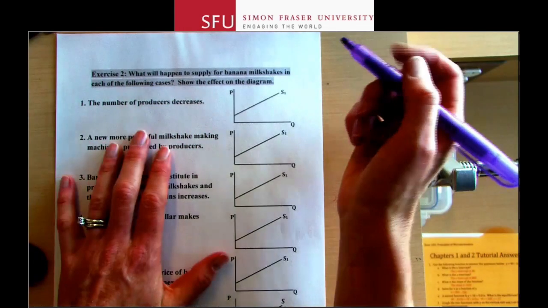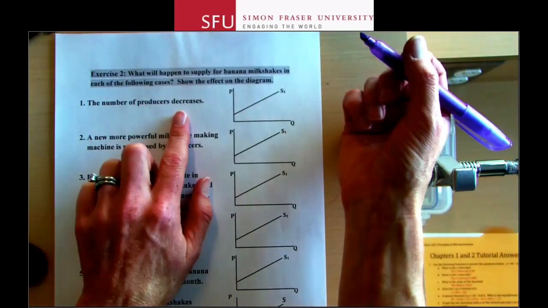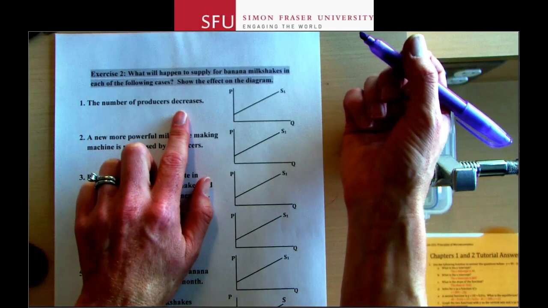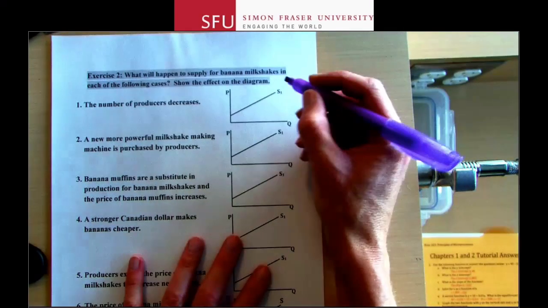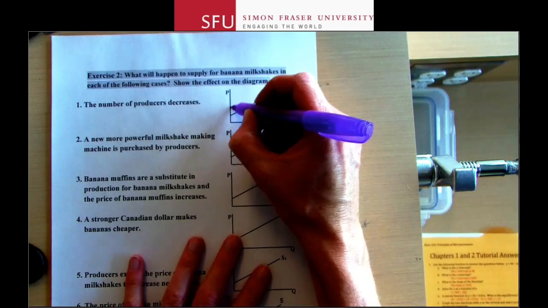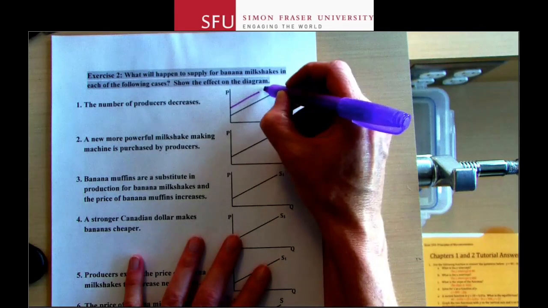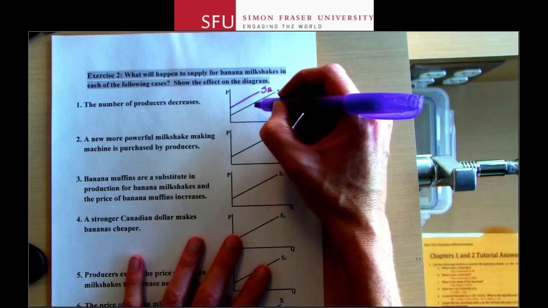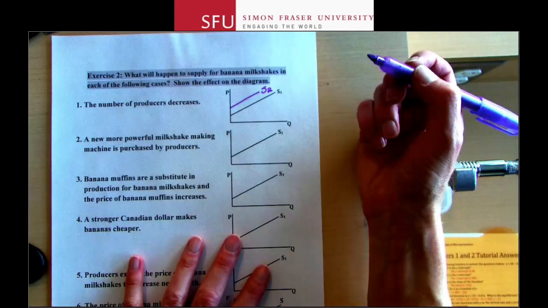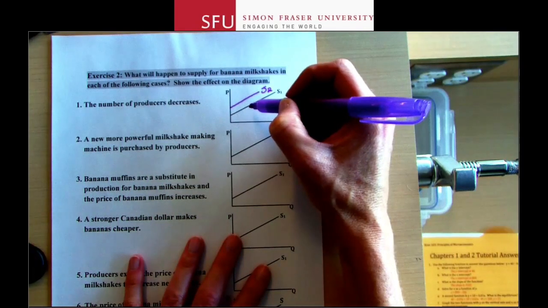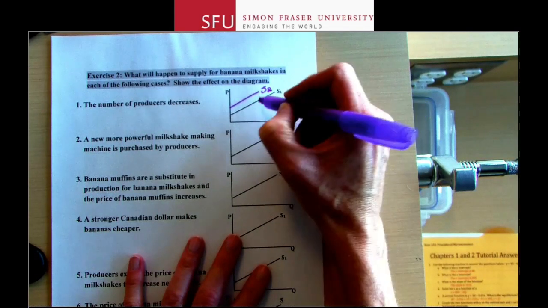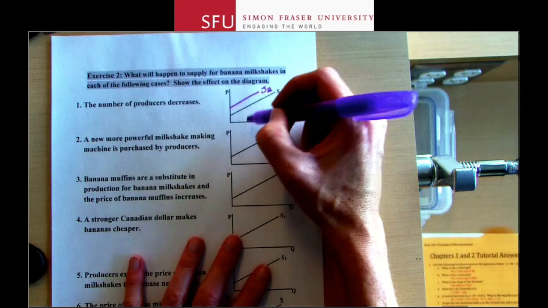One, the number of producers decreases. So there's fewer producers making banana milkshakes. Which way will it shift? Left, yeah. Now, one thing that comes up often with students when you're learning how to draw the curves shifting back and forth is that when you're thinking about supply increasing or decreasing, you want to think of going right or left, not up or down.